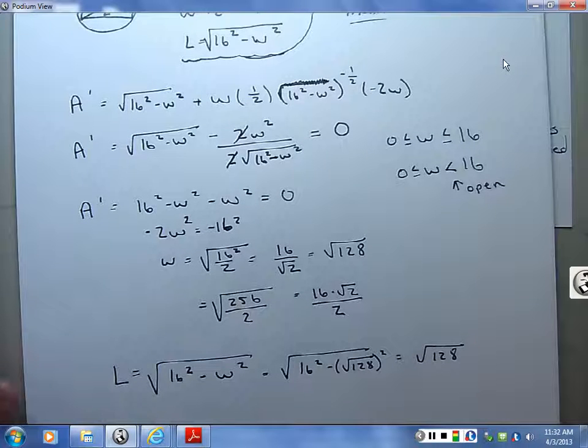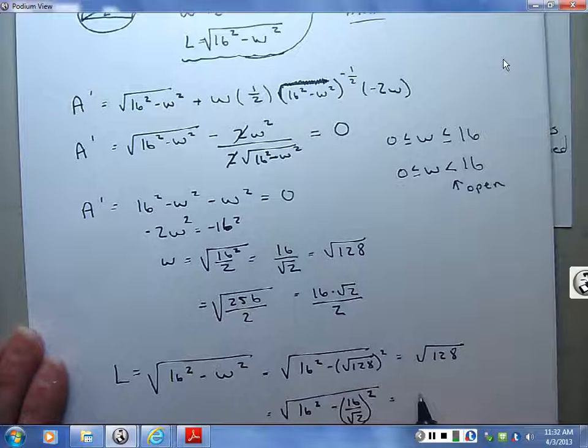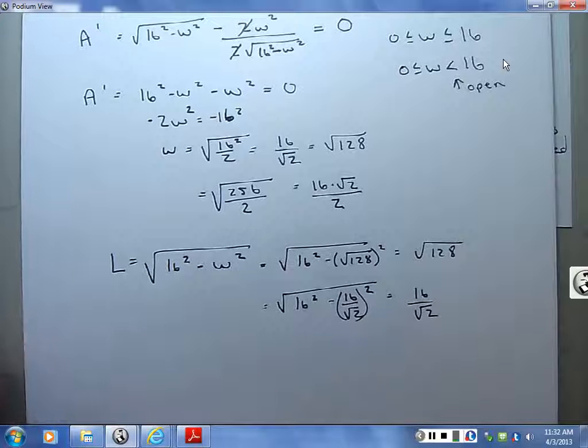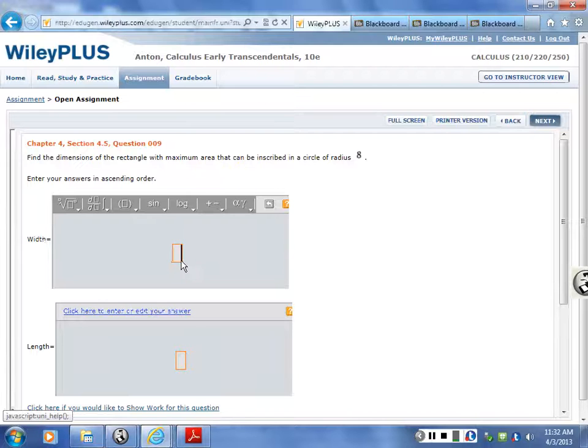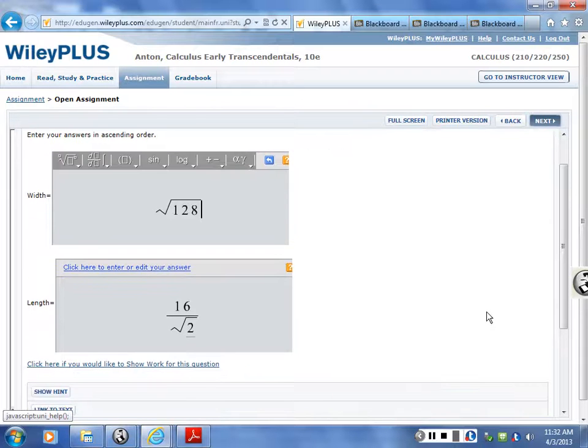But I could have left it as the square root of 16 squared minus 16 over square root of 2 squared, and that's going to still give me 16 over square root of 2. So if I put this in as the square root of 128, and I put this one as 16 over square root of 2, these are the exact same thing. Wiley should accept both answers.